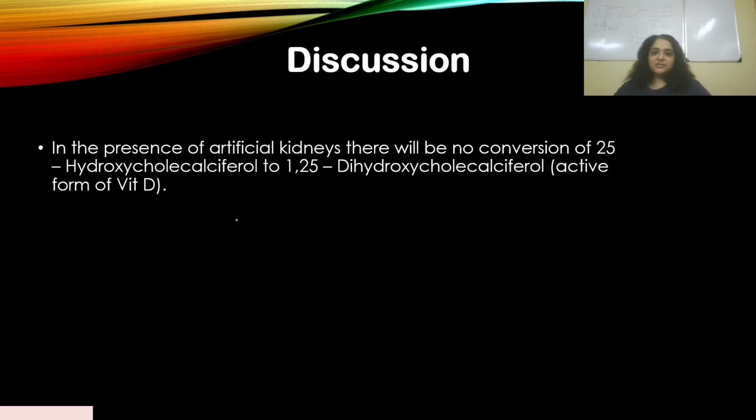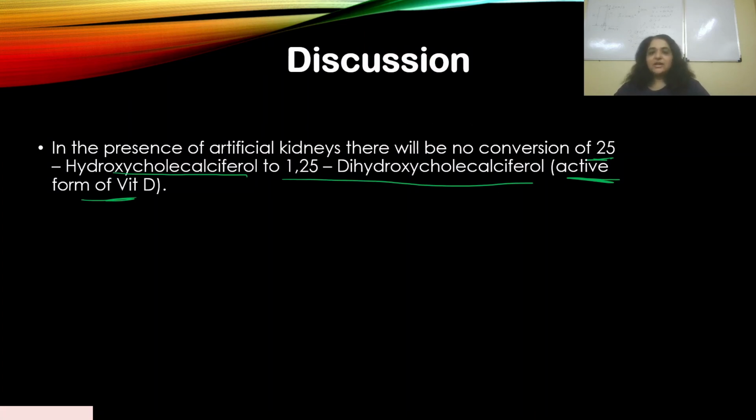So in the presence of an artificial kidney, there will be no conversion of 25 hydroxycholecalciferol to 1,2,5 dihydroxycholecalciferol, which is an active form of vitamin D. So if an artificial kidney is used, obviously this will not happen.